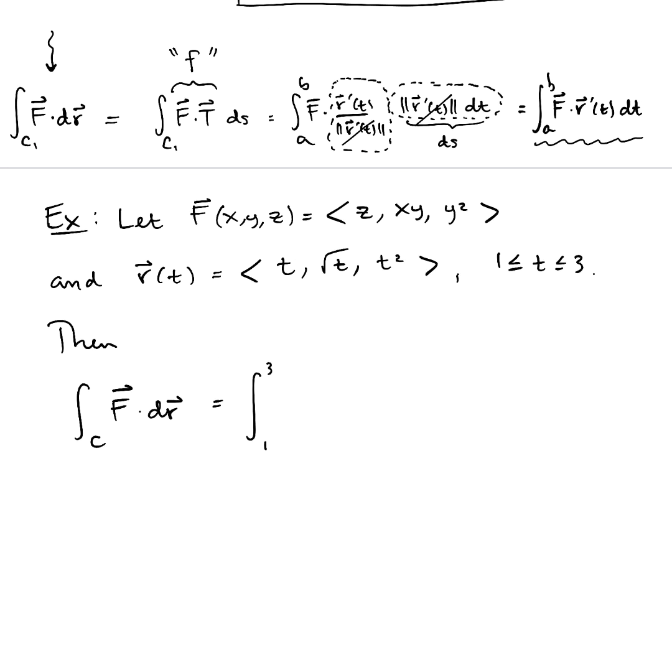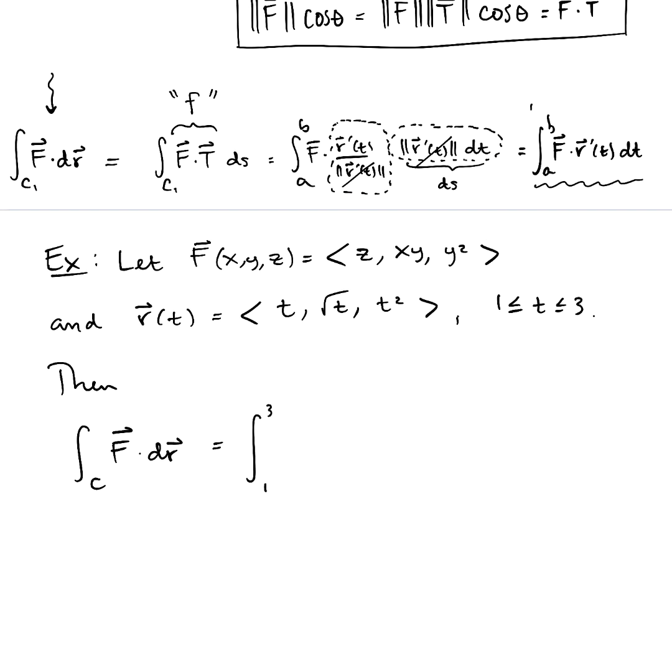And now we're consulting this part of the definition of the line integral. So we're going to do F dot r prime of t, all done dt. So let's put r prime in right here. r prime is the vector 1 over 2 root t, 1, 2t.